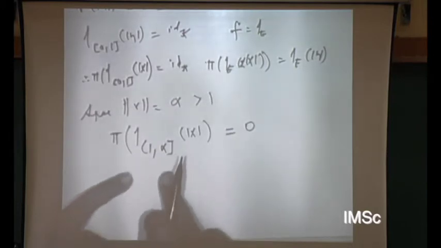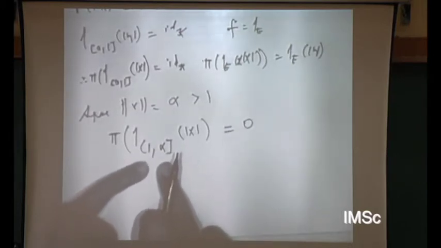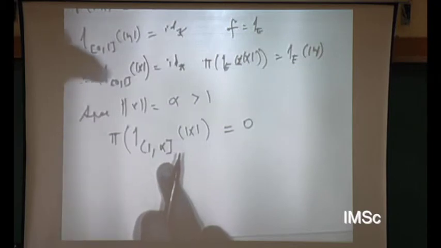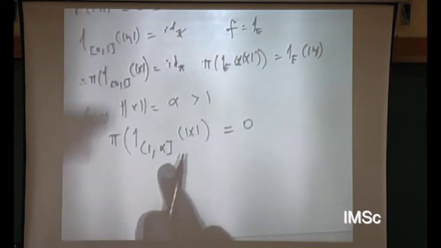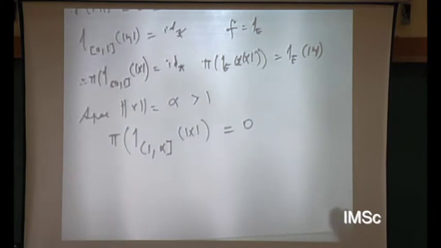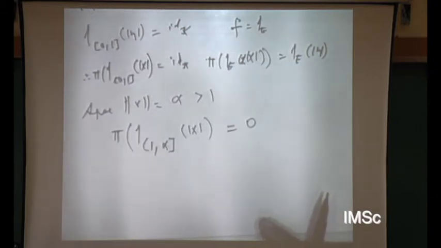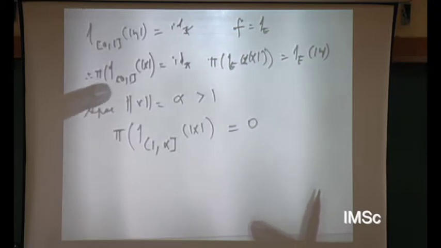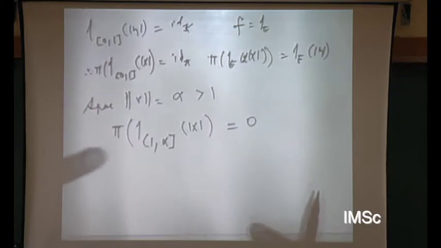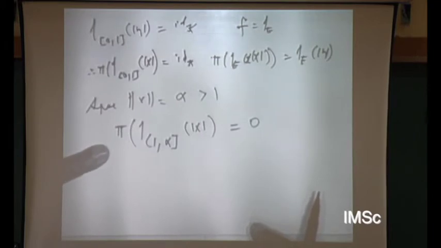Because if I add the indicator 1, alpha to 1, 0, 1, I'll get 1, 0, alpha. Pi of the 1 sub 0 alpha of mod x will be identity. Already pi of 1, 0, 1 is identity. So this extra piece must be 0.